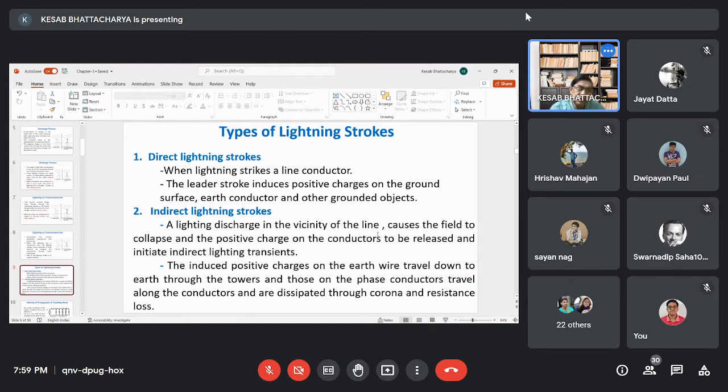This current arises from the fact that the bound charges have become free after there is a lightning discharge. The charges will flow in both directions, and as a result, depending upon the surge impedance of the line and impedance of other objects, a high voltage will develop across those objects.